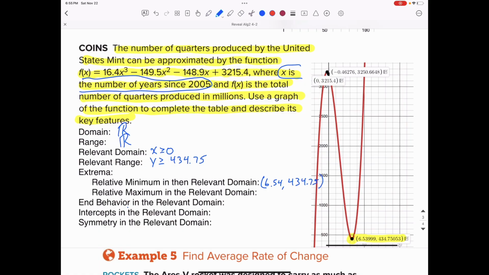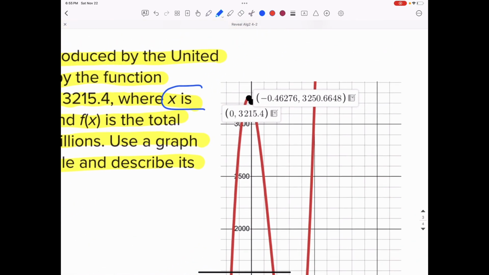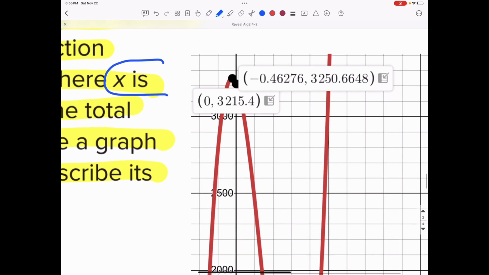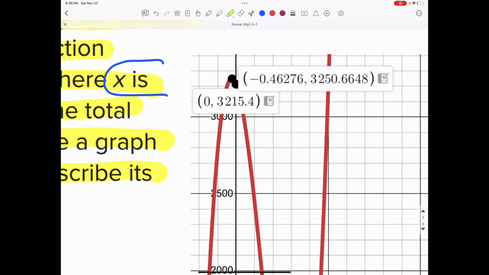The relative maximum of the relative domain. This is where it can get a little tricky because you can see, if I zoom in, that there is a maximum right here on this point, and this is the value of the maximum. The problem is that point is actually not part of the relative domain because of this value right there. The x value is a negative value, and that means it's not in quadrant 1.